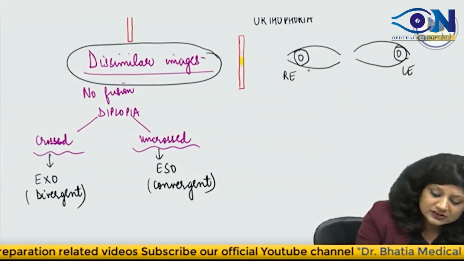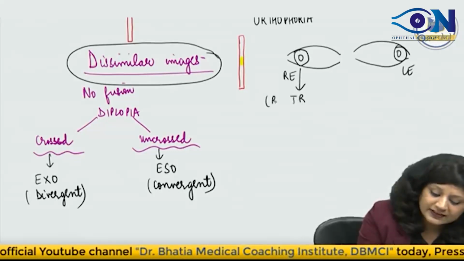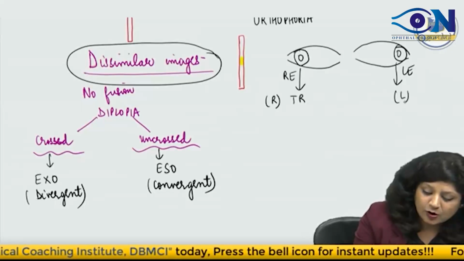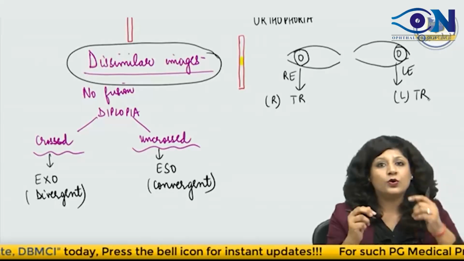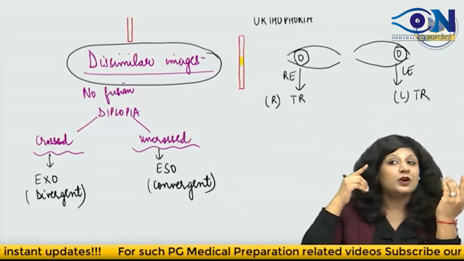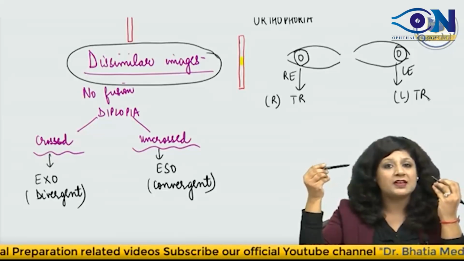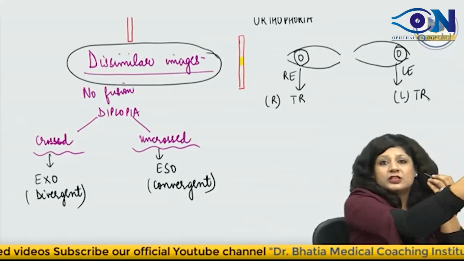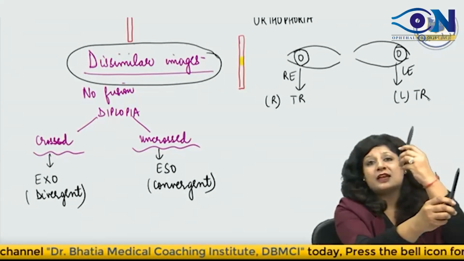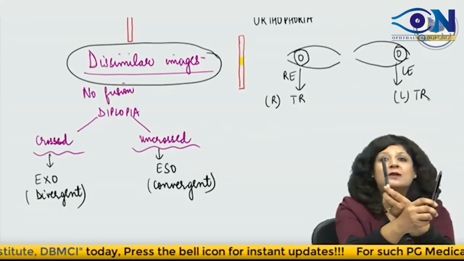So this will be projecting the rays on the temporal retina of the right side and this is projecting the rays to the temporal retina of the left side. Yes or no? Because this has gone outside here and this has gone outside here. So what is happening? Now temporal retina casts the image on the nasal side. See here, so this will cast the image here, while this retina will cast the image again on the nasal side. So this here. See, both the images have become crossed now.